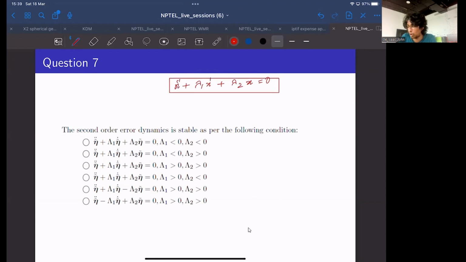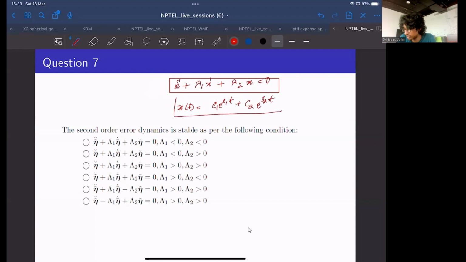So we also know the homogeneous solution of a generic second order system. In case of a second order linear ordinary differential equation, the homogeneous solution will always have a general form: C1 e raised to S1 t plus C2 e raised to S2 t.